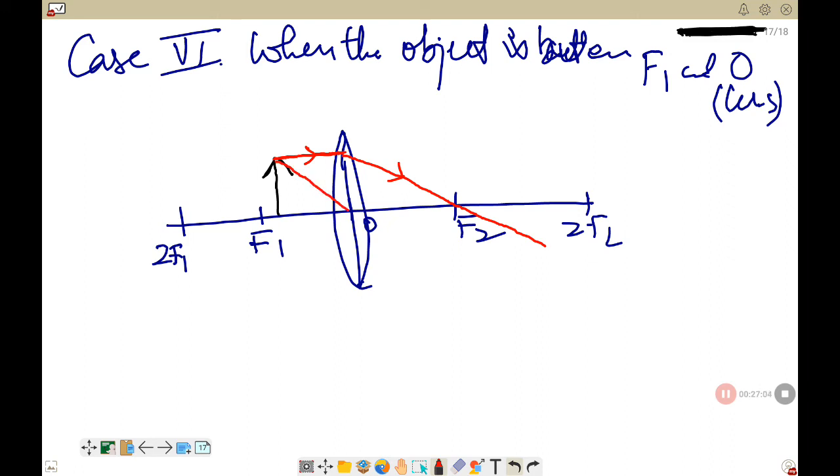The second ray that I'm going to take is a ray directed towards the optical center. It passes undeviated. Now you see that these two rays are diverging away from each other, so they are not going to meet, isn't it? But when I produce them backward like this, they will appear to meet, somewhere here.